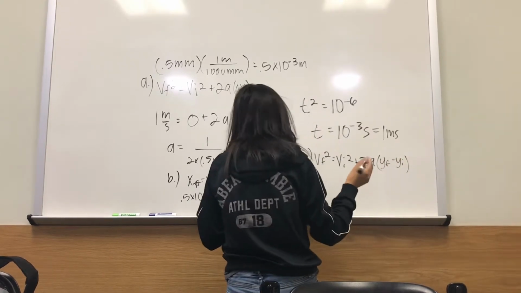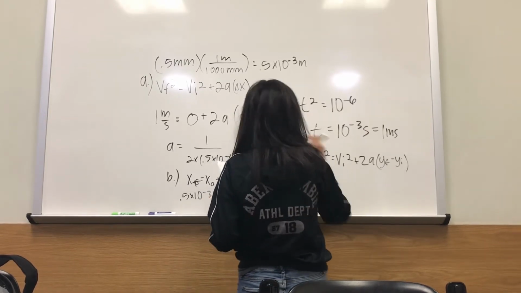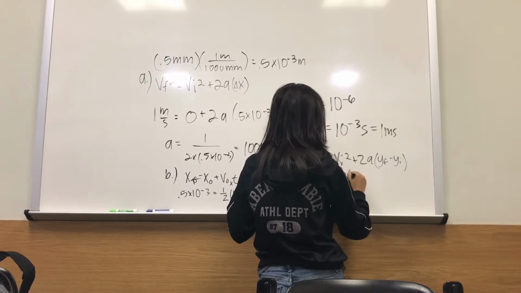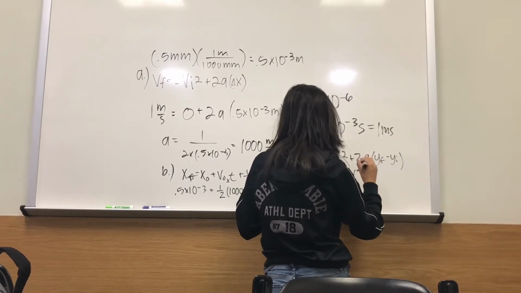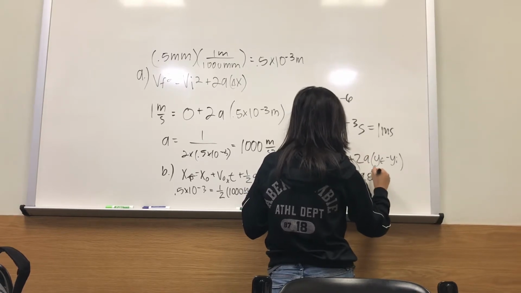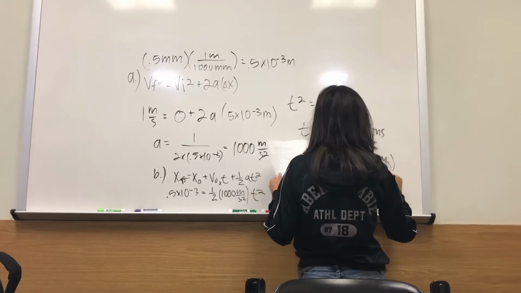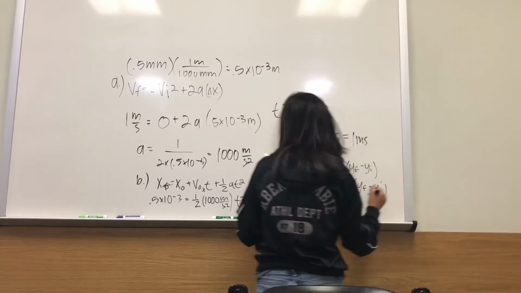Our final velocity is 1, our initial is 0, and then we multiply by the acceleration of gravity, which is negative 9.81. And then we're trying to find our change in y.